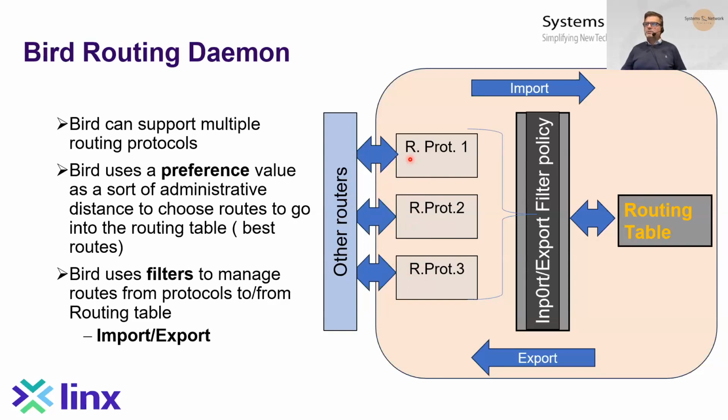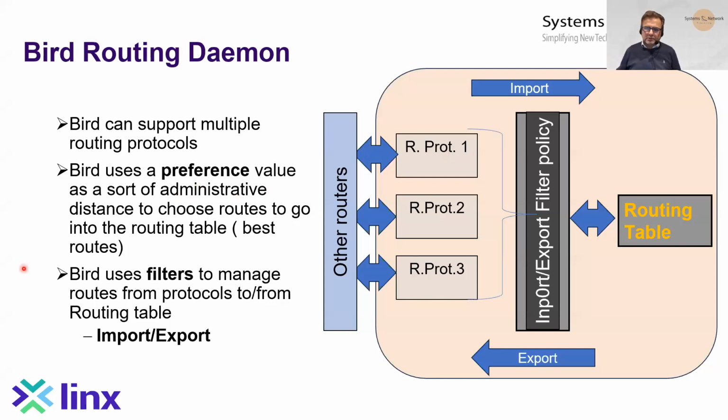Every router that has a session, as we illustrated earlier, with the route server here is going to have one of these instances of BGP running. So in other words, there's a routing protocol instance for every BGP peer that the BIRD routing Internet daemon has.